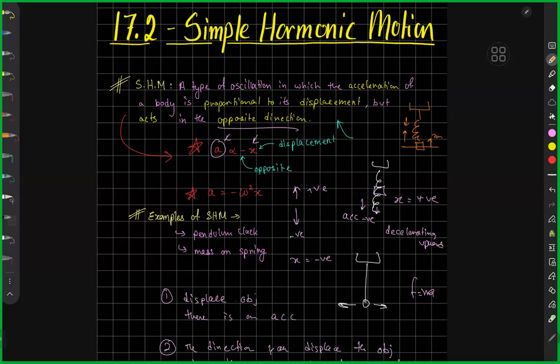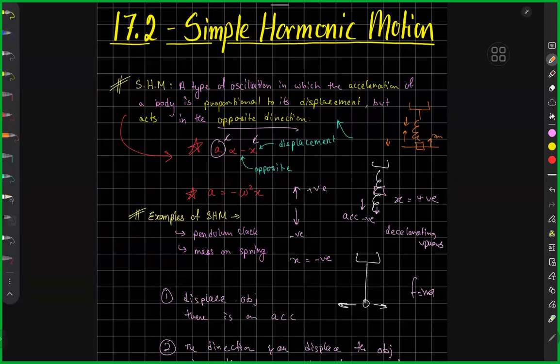In that case, the acceleration downwards would be proportional to this 2 meters. Let's say that value is 4 meters per second square. That is downwards. So acceleration for me is always proportional to the displacement and in the negative direction of the displacement, or in the opposite direction of the displacement, right?